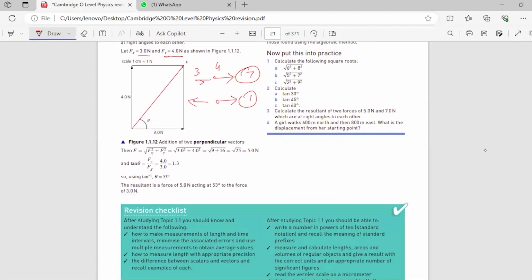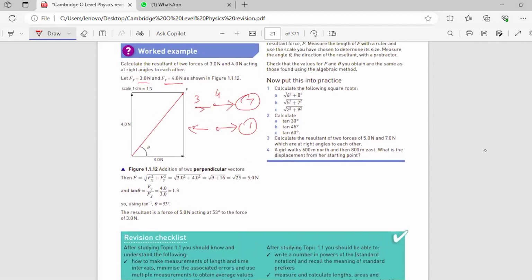To construct its parallelogram, we take a suitable scale: 1 Newton equals 1 centimeter. Then we draw a 3 centimeter line, and then a right angle, if these forces act at 90 degrees. Other than 0, 180 and 90, other angles are not in the syllabus now.